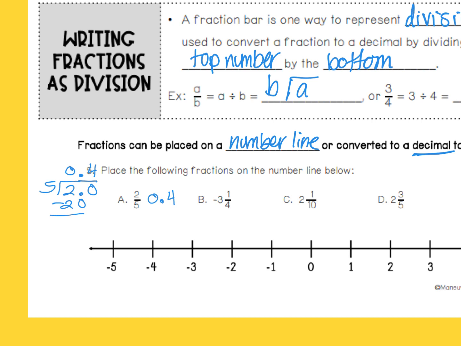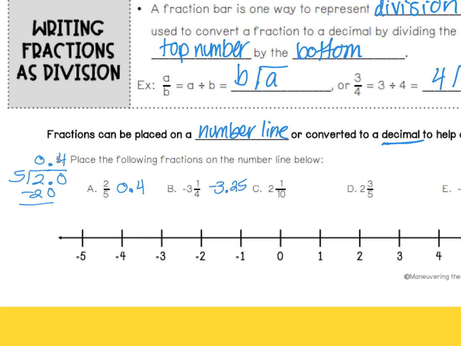When looking at letter B, I've got negative 3 1/4. I know that 1/4 is worth 25 cents, so this would be the same as negative 3.25, because that quarter, that 1 over 4, is equal to 0.25. That's 25 cents. Okay. Then when I look at letter C, that's positive 2 1/10.